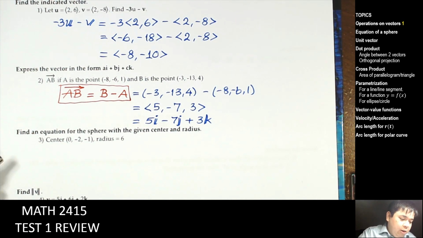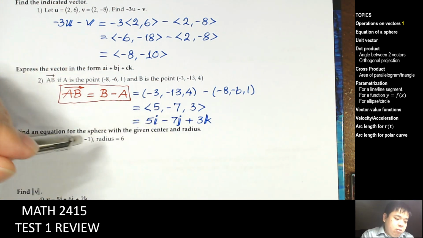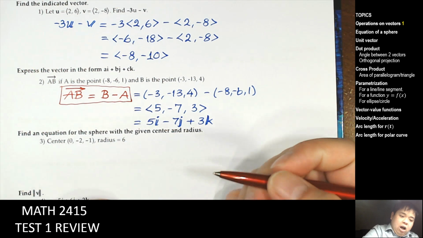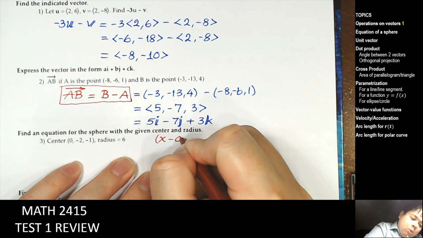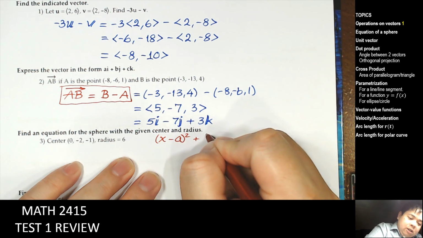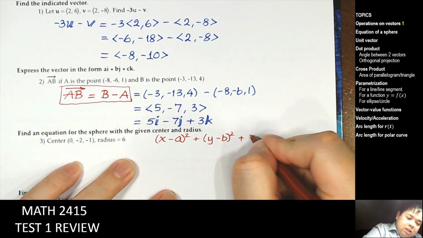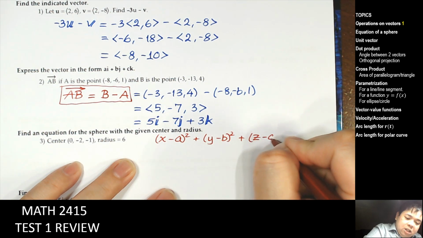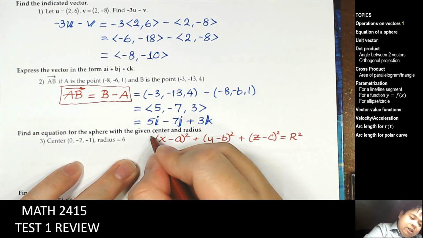Next, find the equation of the sphere given the center and radius. So the equation of the sphere is (x minus a) square, (y minus b) square, plus (z minus c) square equal to the radius square.